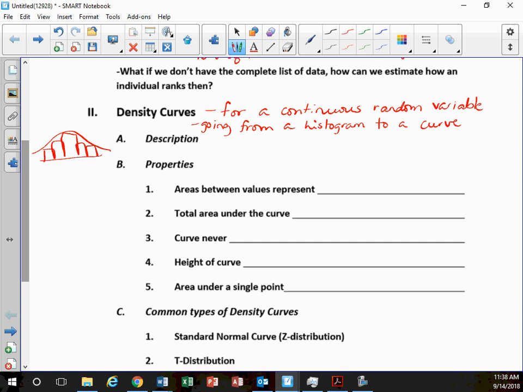Okay. For description, all you're doing is describing the overall pattern of a distribution.